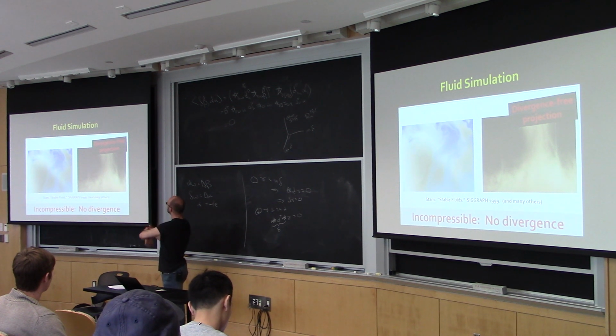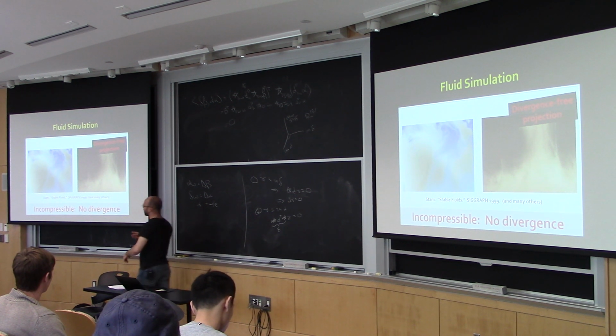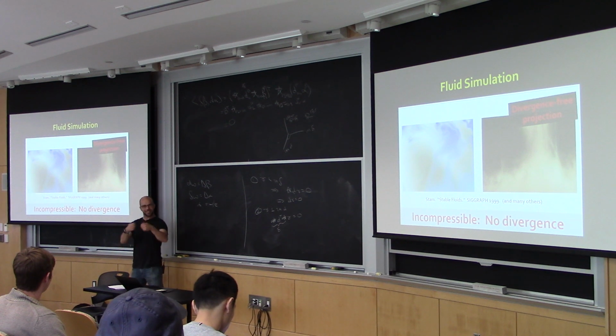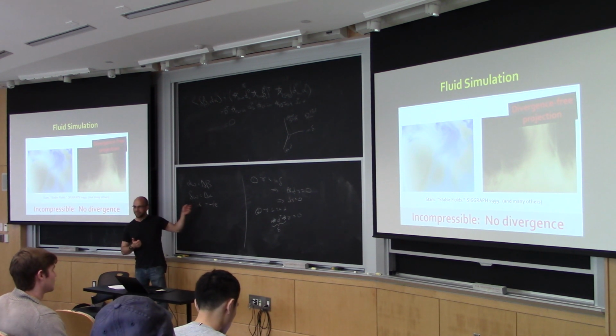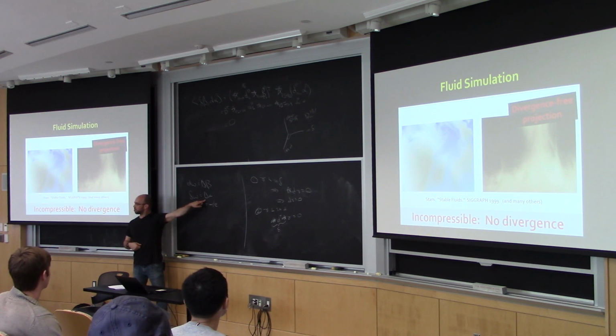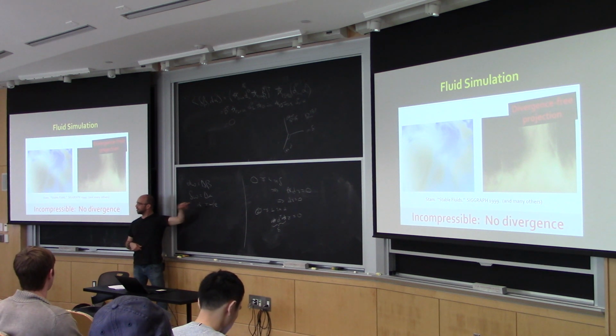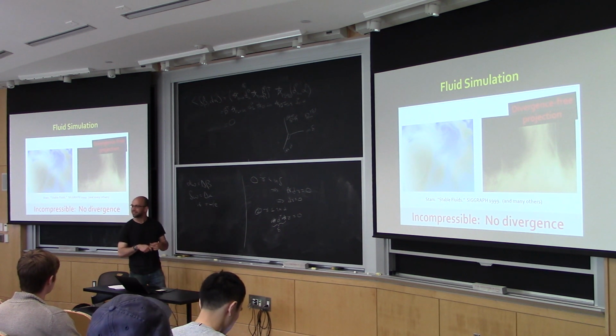And so a very typical step in a fluid simulation algorithm is you have Navier-Stokes, you time step it forward, but because Navier-Stokes is a hard equation to solve, pretty soon your velocity field has a bunch of divergence in it that you didn't want. And so you actually do exactly what we just proved on the board here. Notice this Laplace operator. This is exactly the one you invert in the pressure projection step of a fluid simulator.